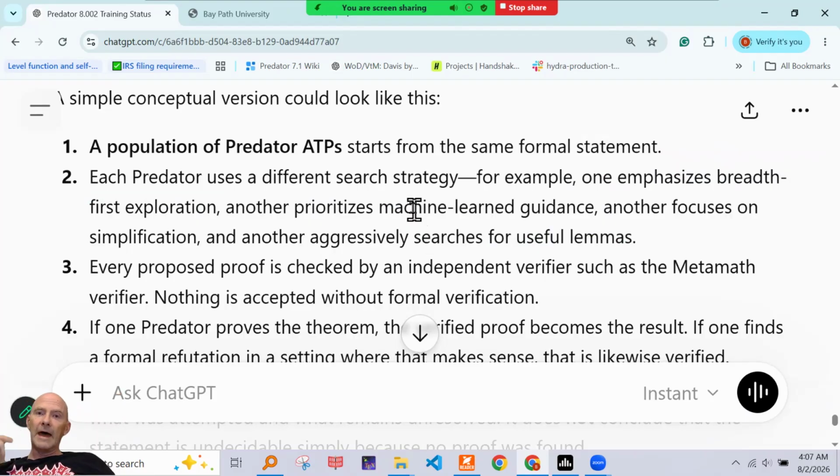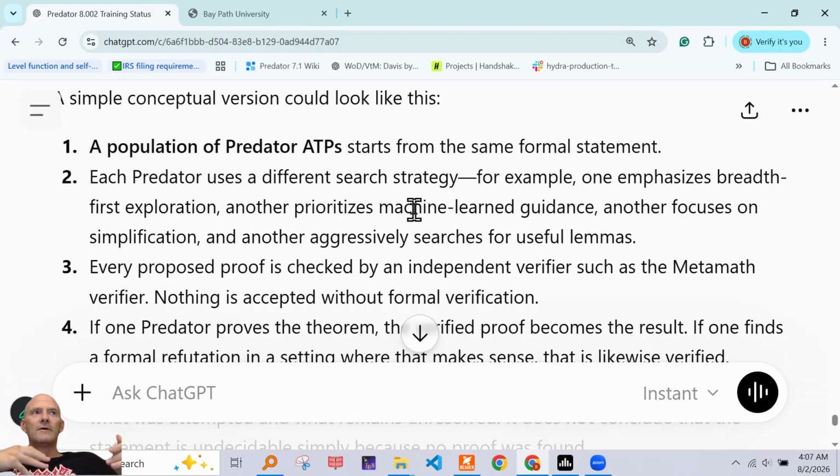These different paths to finding a proof, along the way, they're developing their own lemmas, and they're generating a pool of lemmas, and they are all allowed to use everything in that pool.